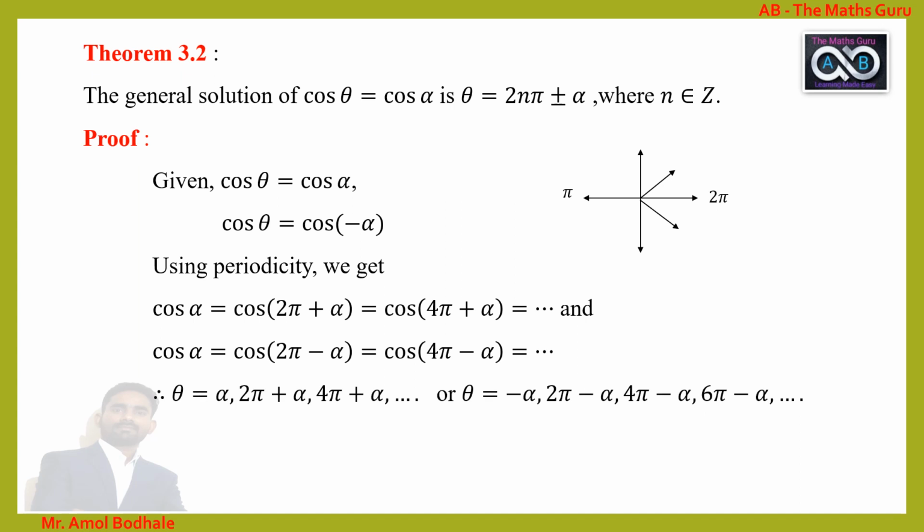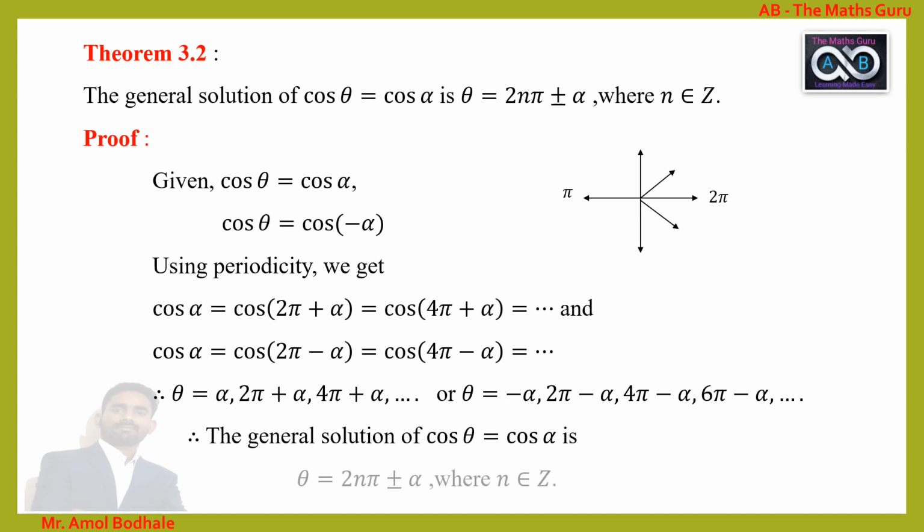So therefore theta equal to alpha, 2 pi plus alpha, 4 pi plus alpha, and so on, or theta equal to 2 pi minus alpha, 4 pi minus alpha, 6 pi minus alpha. These are the solutions. So therefore the general solution of cos theta equal to cos alpha is theta equal to 2n pi plus or minus alpha.